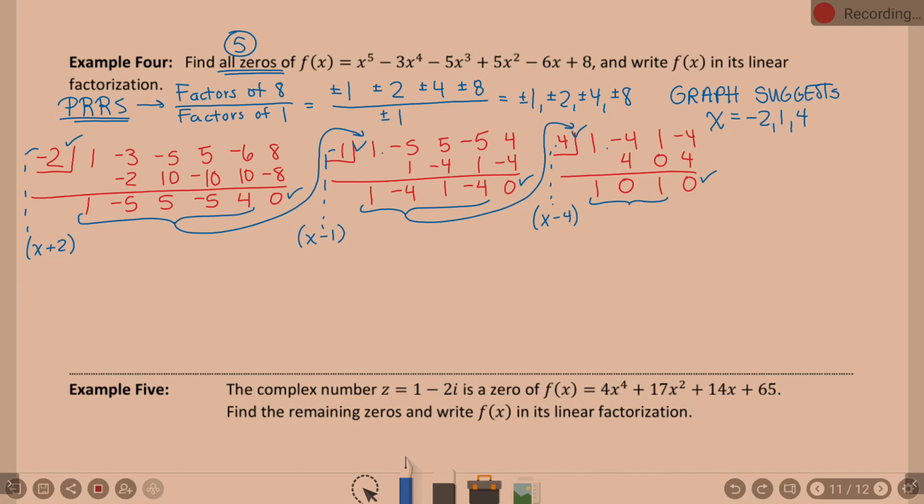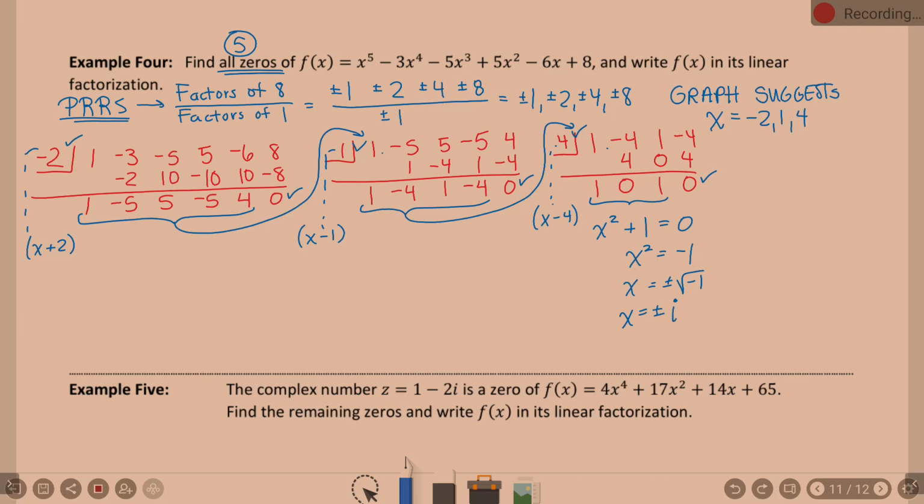So this is x squared plus 0x plus 1. Set that equal to 0. Solve. x squared equals -1. X equals plus or minus the square root of -1. Can we just say i? Plus or minus i.